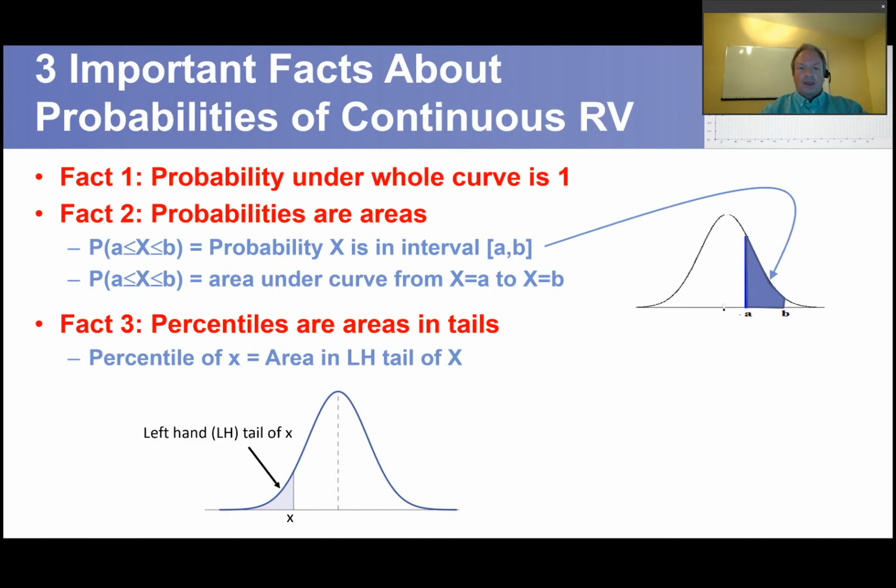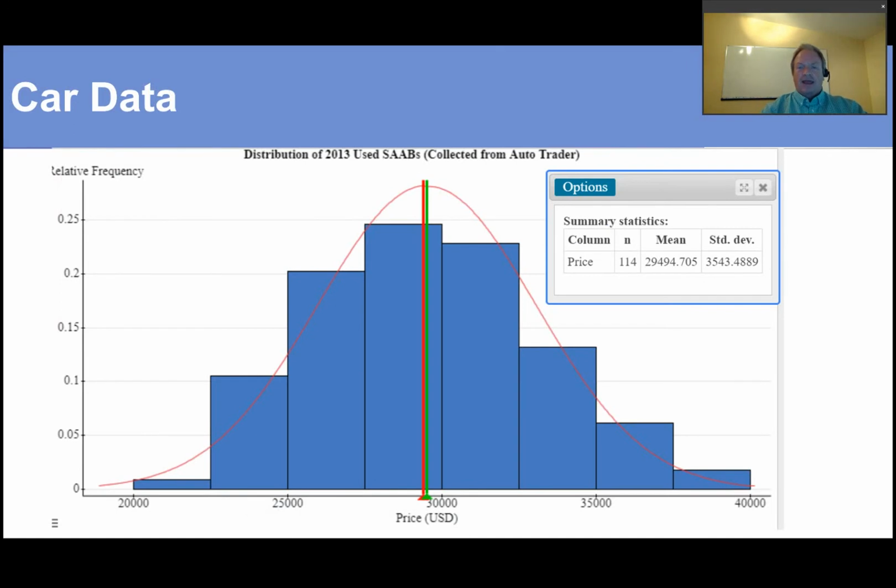So if you go back and you look at this data for the SOB, and we're going to work with this in a second, if I plot this data, this is data taken on a bunch of used SOBs back in 2013. I collected this from Auto Trader. When you make a histogram of those prices, you see that it looks somewhat like a normal distribution.